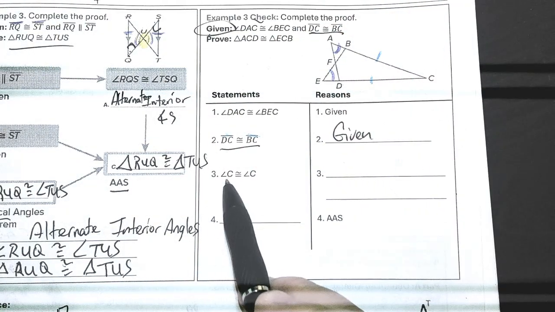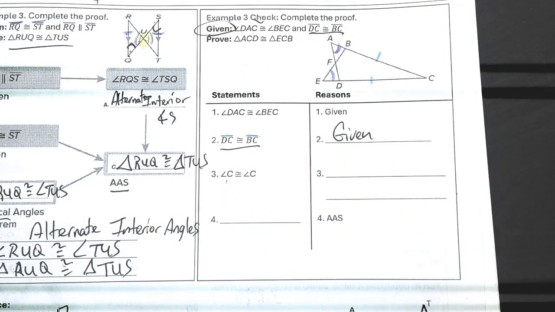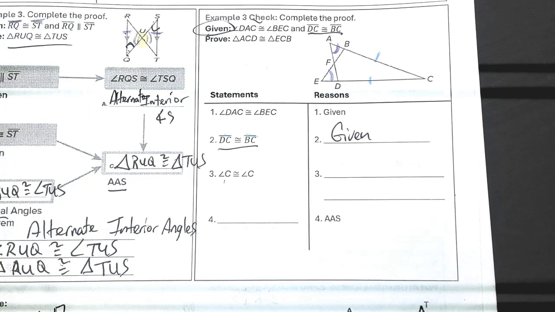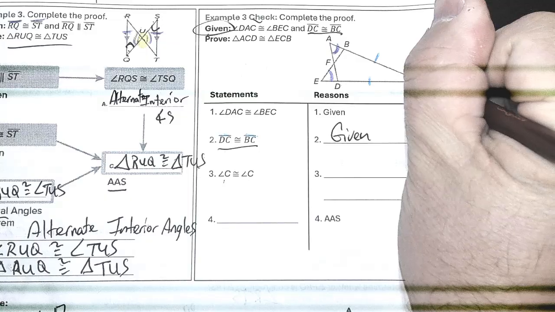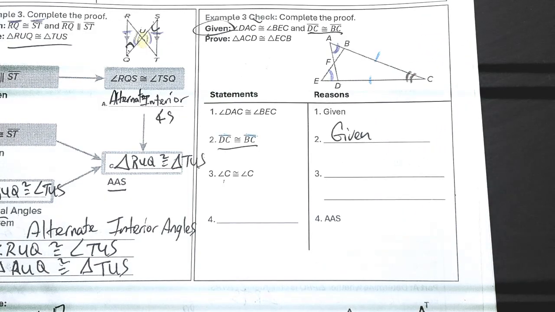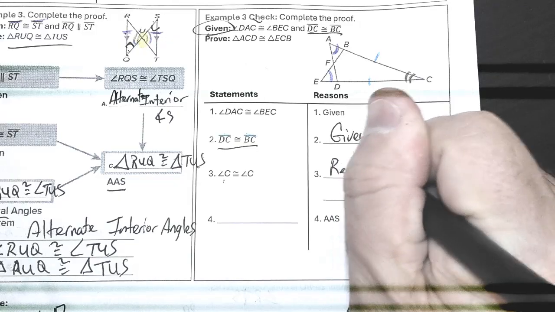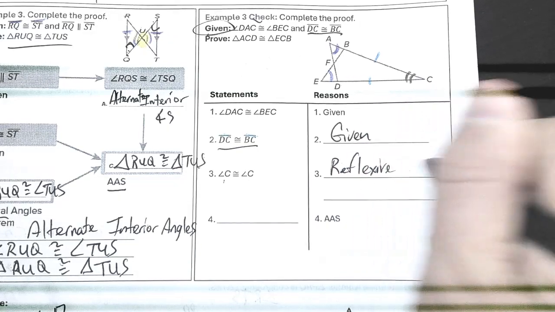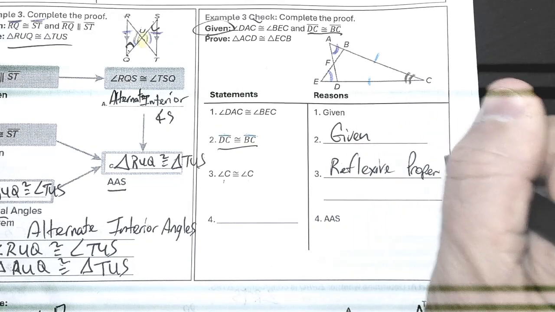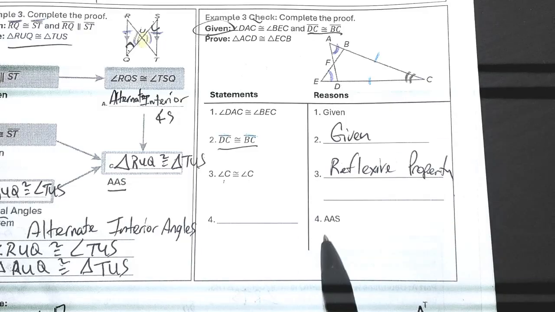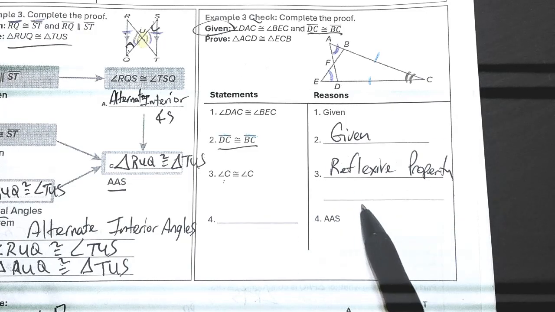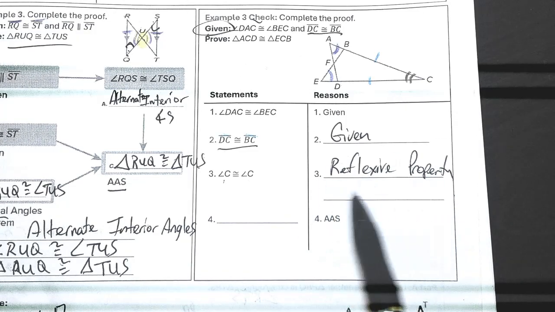Now they say that angle C is congruent to angle C. Well, that's something that's congruent to itself, just like when you look in the mirror, your reflection is the same height and everything that you are. So that is the reflexive property. And I did it again. This is supposed to be reflexive property. I've wasted that second space there all day.